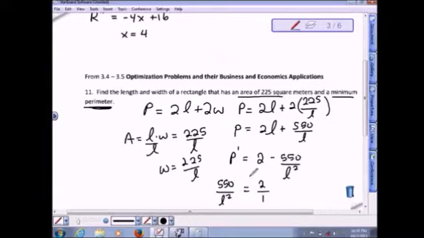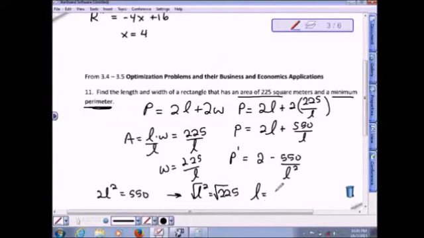This is what's called a proportion, where we have a fraction that equals a fraction. One way you can solve a proportion is by cross multiplying. So multiply those together and set them equal to each other. We're going to have 2L squared is equal to 550, which means that L squared is equal to 225.